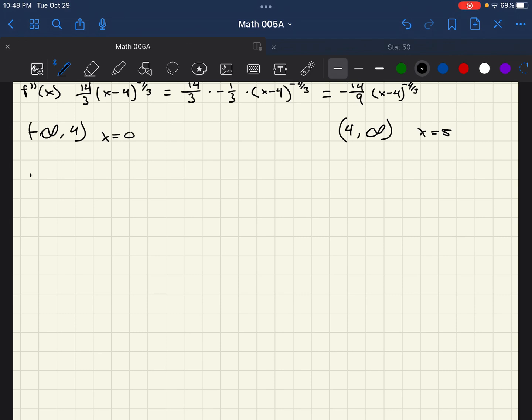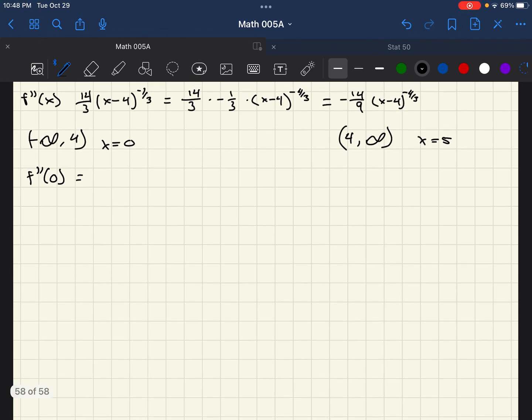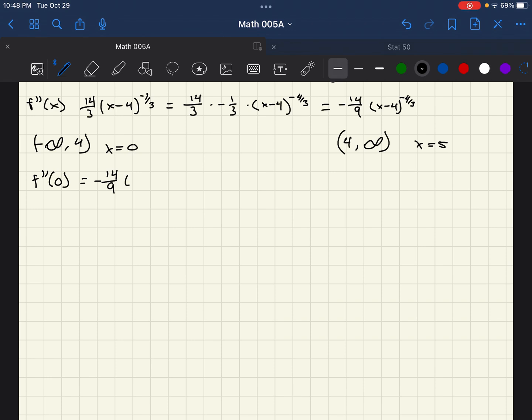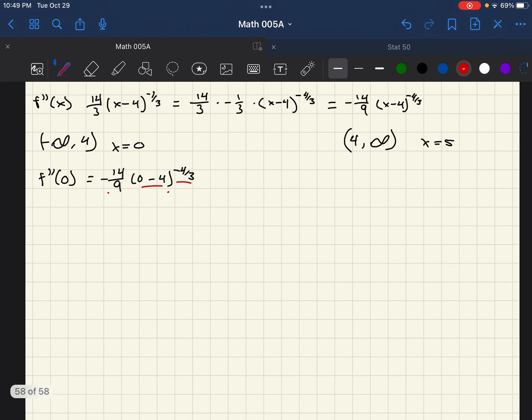So right here f double prime of 0 is equal to negative 14 over 9 times (0 minus 4) to the negative 4/3. And since (0 minus 4) to the negative 4/3 is going to be positive, it's just going to be a positive times a negative, so we can tell that at this point it's going to be concave down.